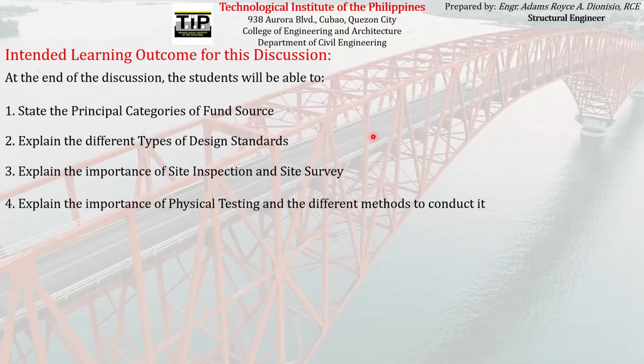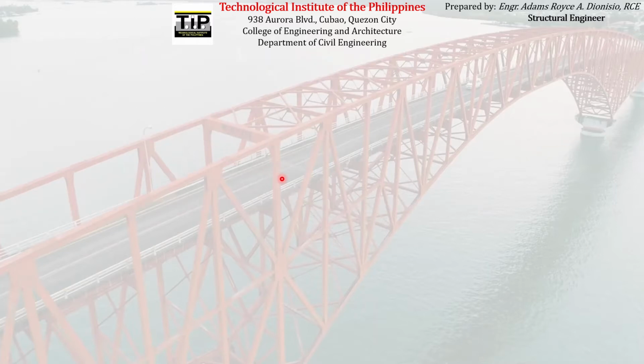So without further ado, let us address our first goal, which is for you to be able to state the principal categories of fund source. In any project, especially bridge structure projects, before the planning and design as well as the construction starts, there is this stage that is what we call the project inception, wherein the whole project is being conceptualized by the whole team of that certain project.